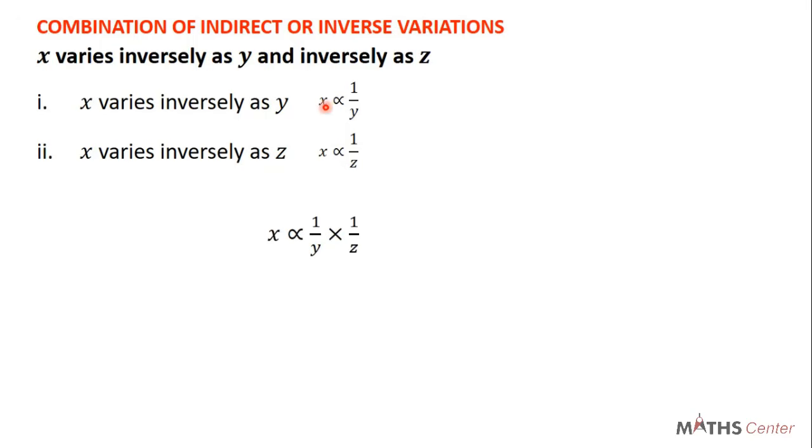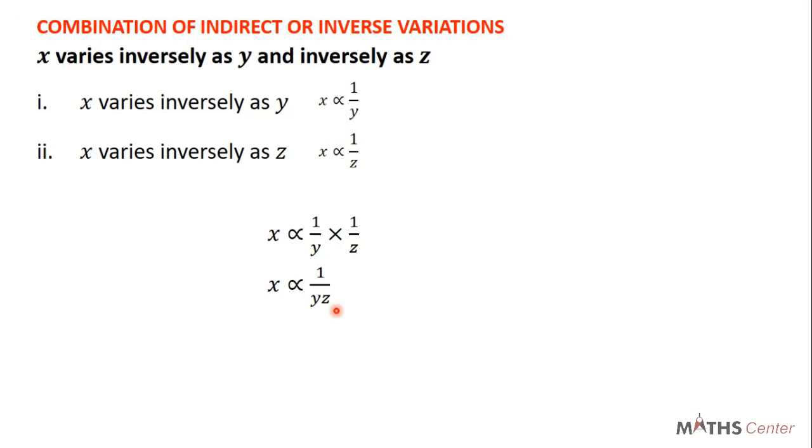So we have x here, you write one of them. We have the proportionality sign here, you write one of them. Then we join these two, so 1 divided by y times 1 divided by z. And this will give us x is proportional to 1 divided by yz.